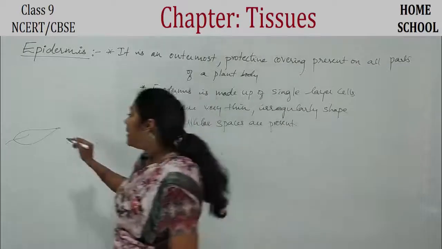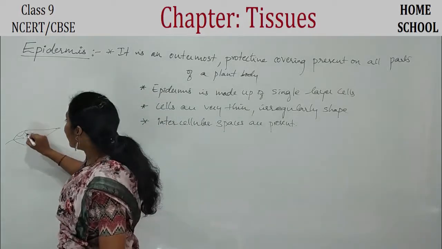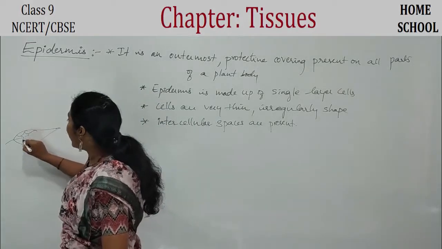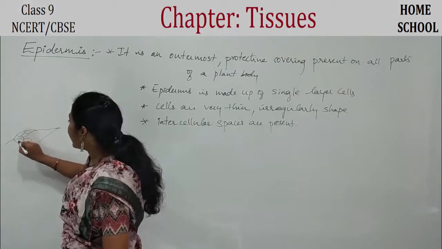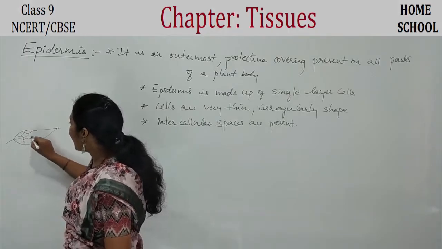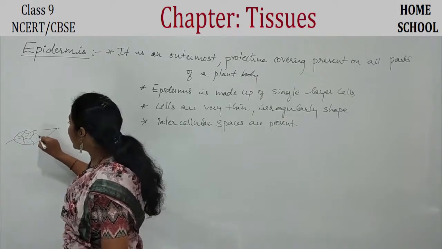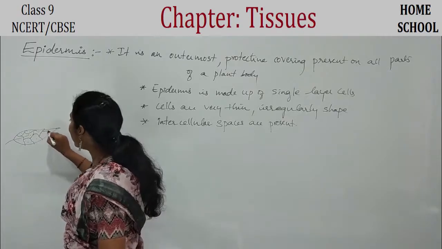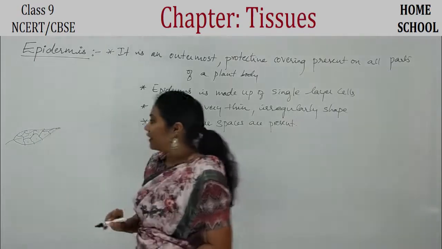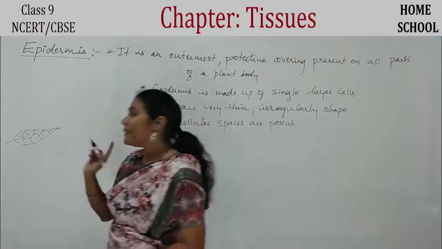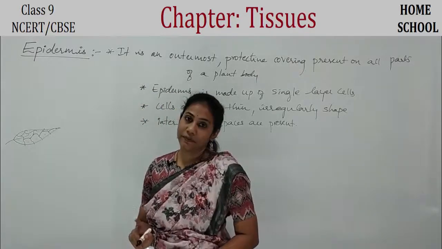Epidermis. Okay. Say it is a layer of cells, guys. There is no shape. Okay. This is one cell, this is second cell, third cell, fourth cell, fifth cell, sixth cell, like that many cells would be there in a layer, right? So this is how the epidermis of a leaf looks like. Clear?